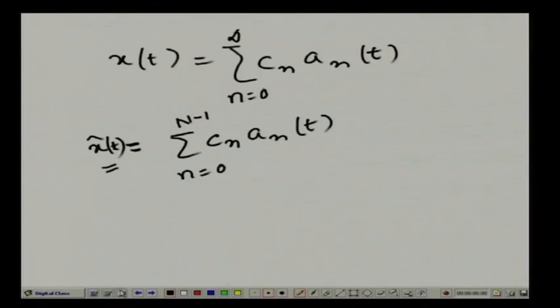But in our case, we are not dealing with continuous signals, but with discrete signals. In case of discrete signals, what we have is a series of samples, which can be represented by, say, u(n), where 0 is less than or equal to n, less than or equal to capital N minus 1.